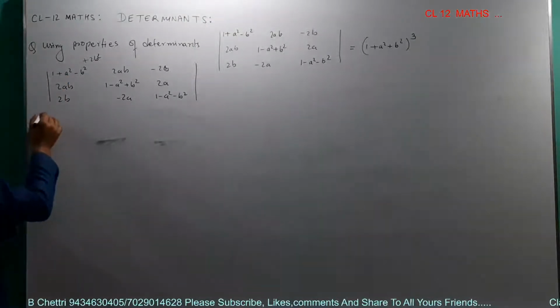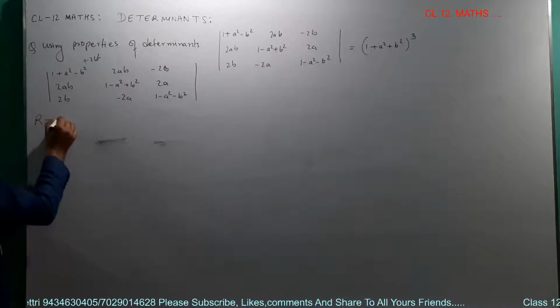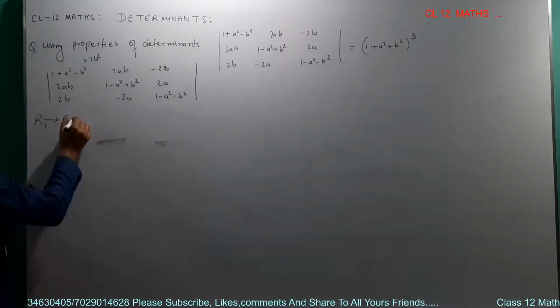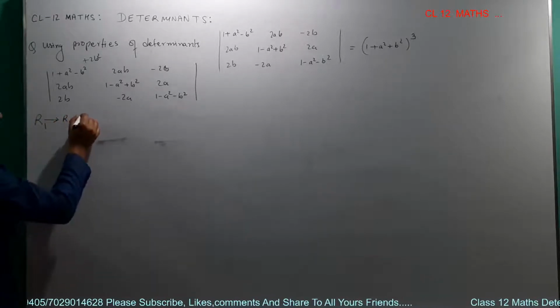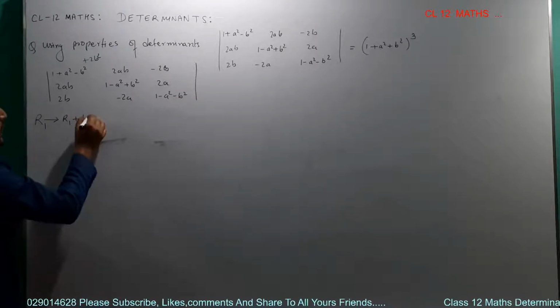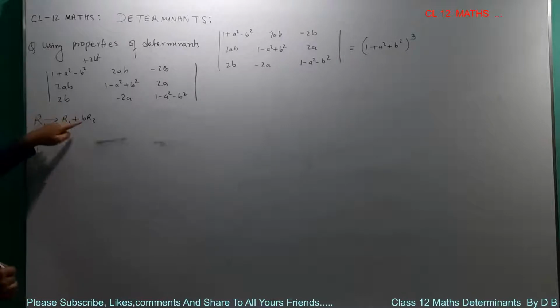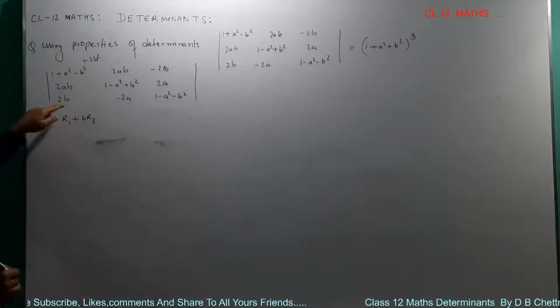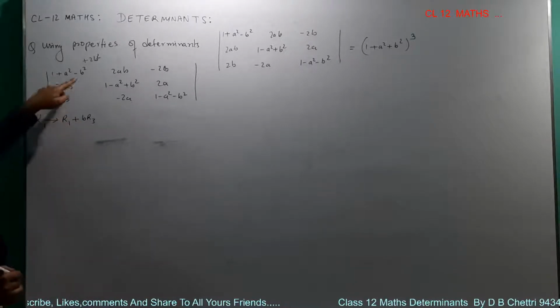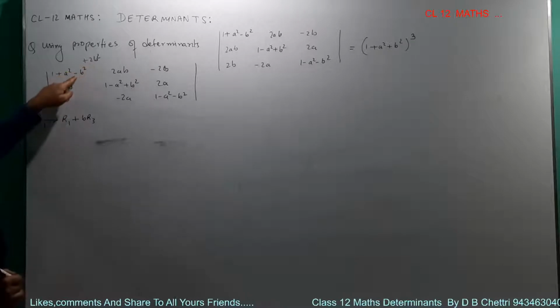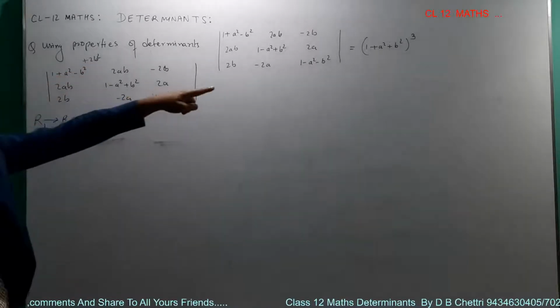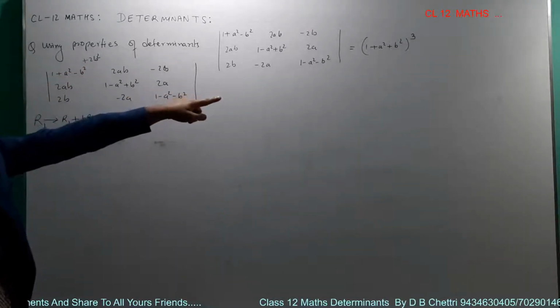Now that means R1 is going to change to R1 plus B R3. Why B R3? 2B is there, and multiplying with B gives 2B square, and we need 2B square to make 1 plus A square plus B square according to the right hand side factors.